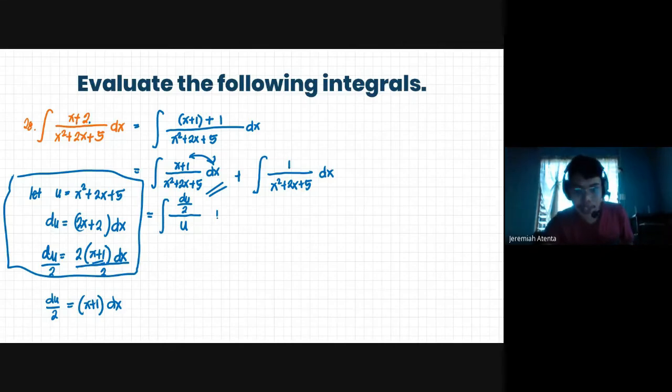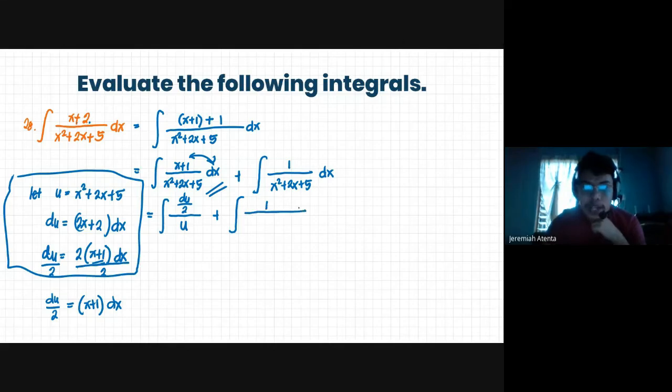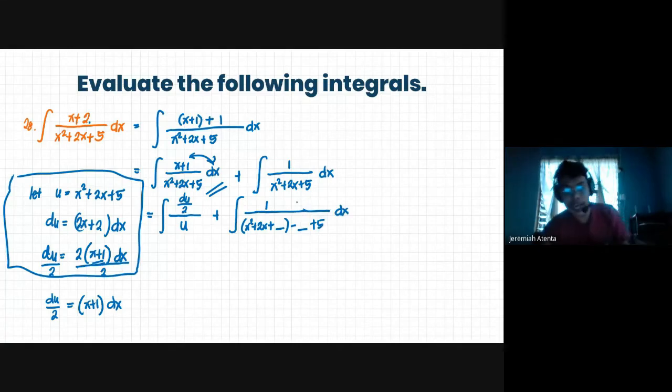Okay? Plus. Dito ngayon yung papasok yung magko-completing the square tayo. That is 1 over, kagaya kanina, x squared plus 2x plus something minus something plus 5 dx. And we have identified that one kanina, that is 1. Right? So mag-add at magma-minus 1 lang tayo. Okay.